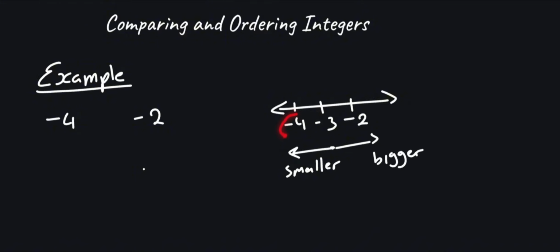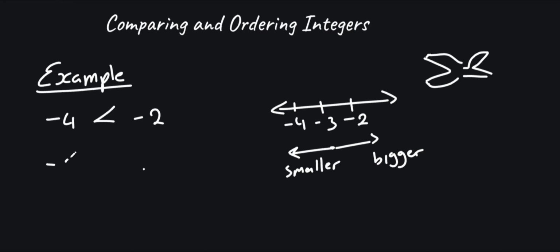So negative 4 is smaller than negative 2. Now, with these signs, the mouth of that crocodile always opens up to the bigger term. Apologies, these crocodile mouths do not look appealing. But here, we know that negative 2 is the bigger number, so it opens up that way.